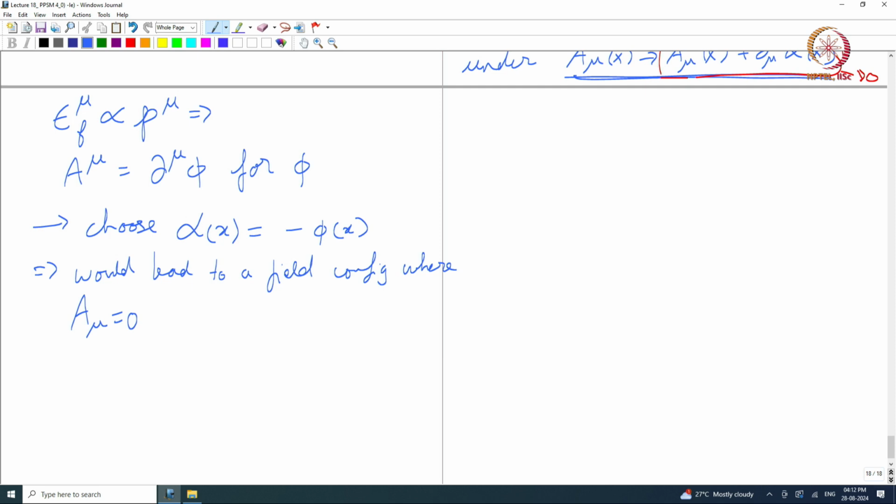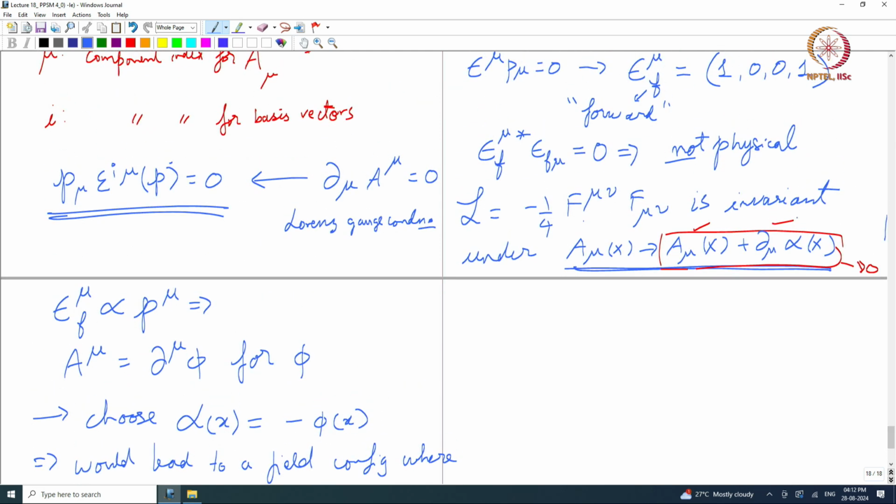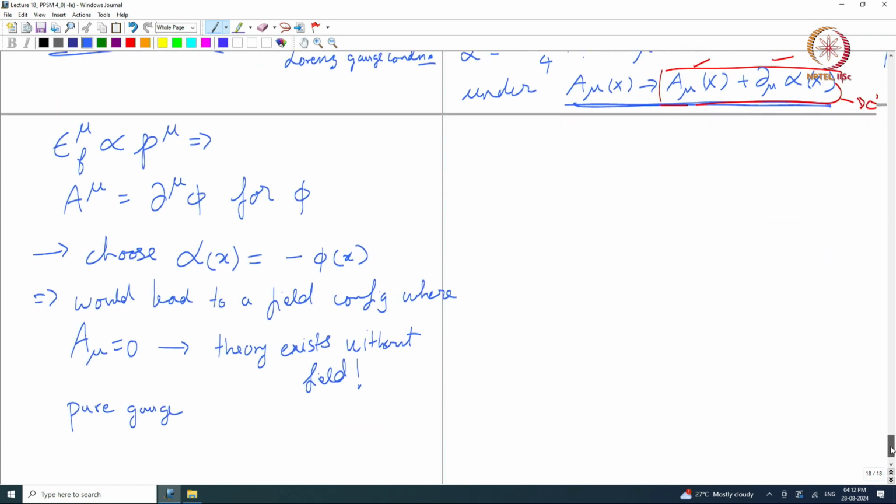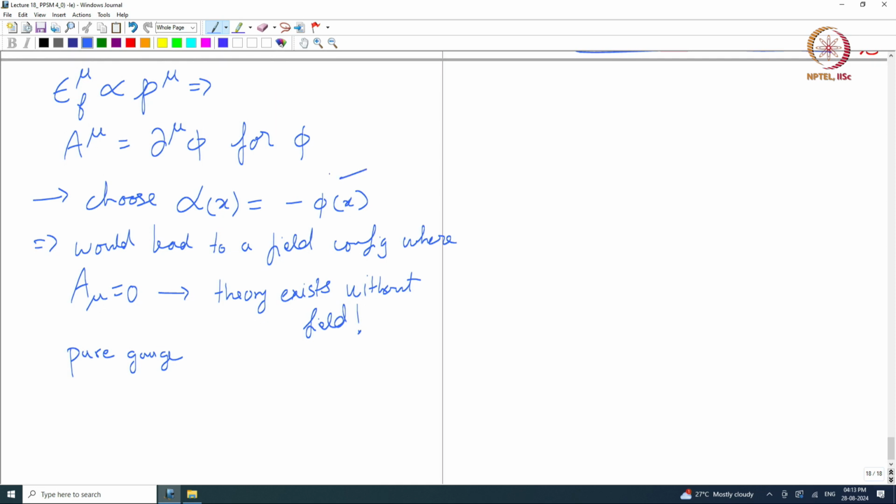Okay. So, isn't that strange? Because that means the theory exists still, but the field does not actually. In other words, we are now in a pure gauge theory. When I say gauge I mean this alpha of x, the alpha of x is there, I can still make those field redundancies, but then I can always go to one particular configuration which is this, because I have complete freedom in choosing alpha, where alpha has a value, but the field has disappeared.